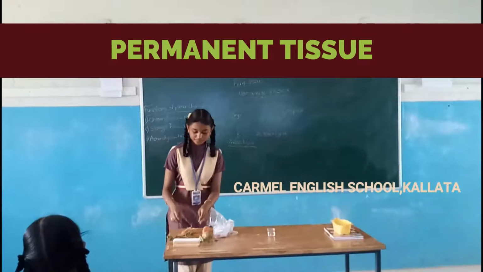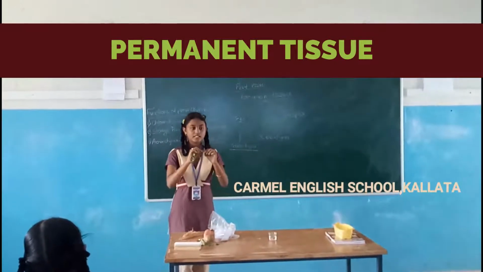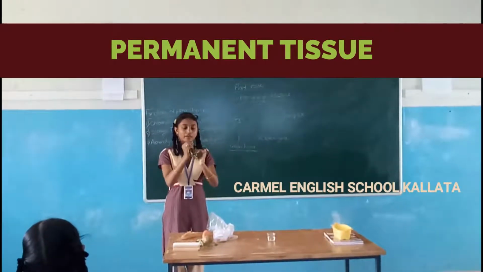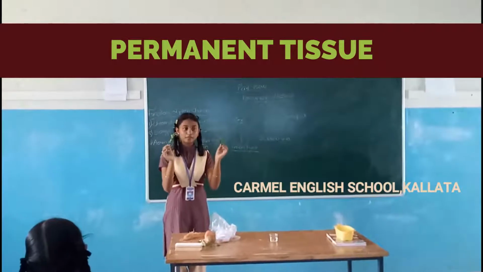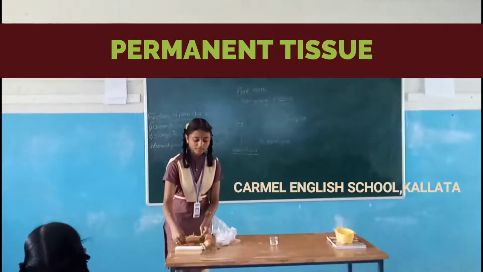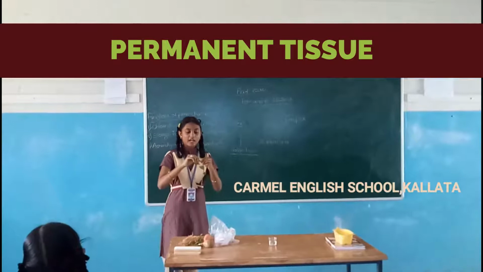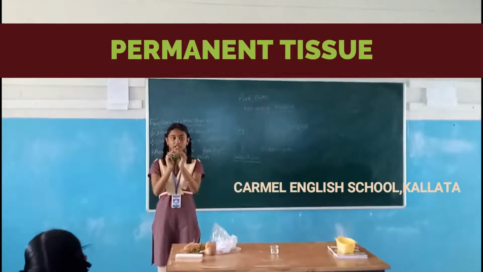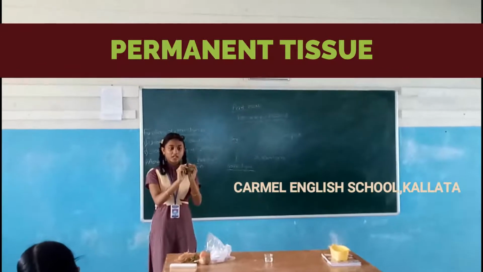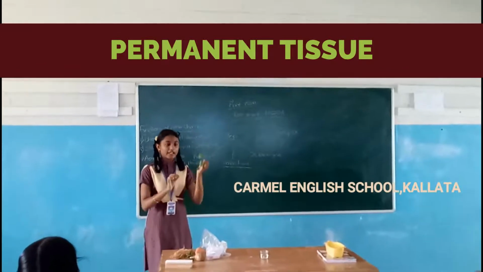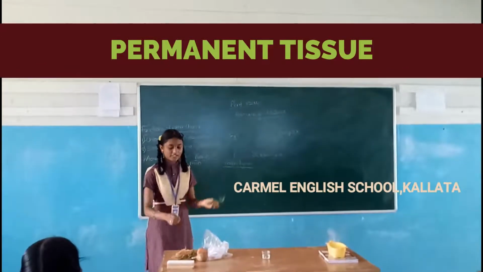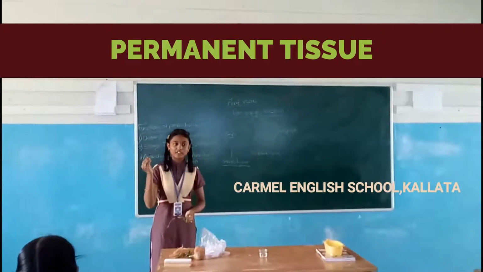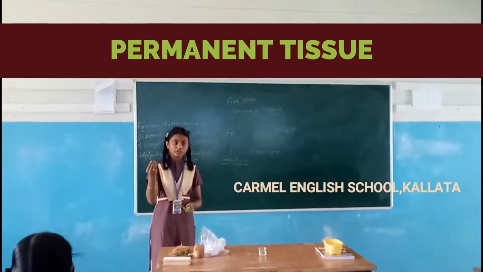For example, this is a stem, and when it is bent, it breaks into pieces. This is another stem, and when it is bent, we can observe that it bends but does not break. Here, we can say that in this stem collenchyma is present, and in the other stem collenchyma is absent. So one is broken and the other is bent.